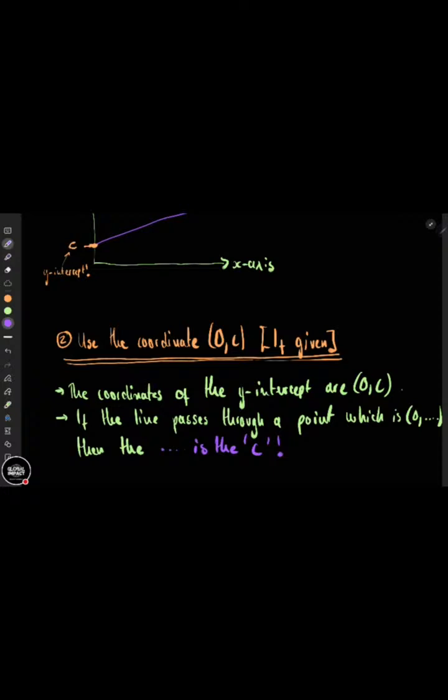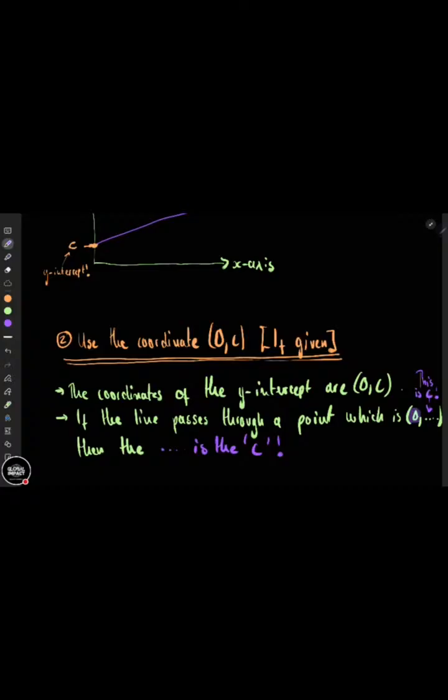The fact that it has a 0 means this number here is c. That number will be c.